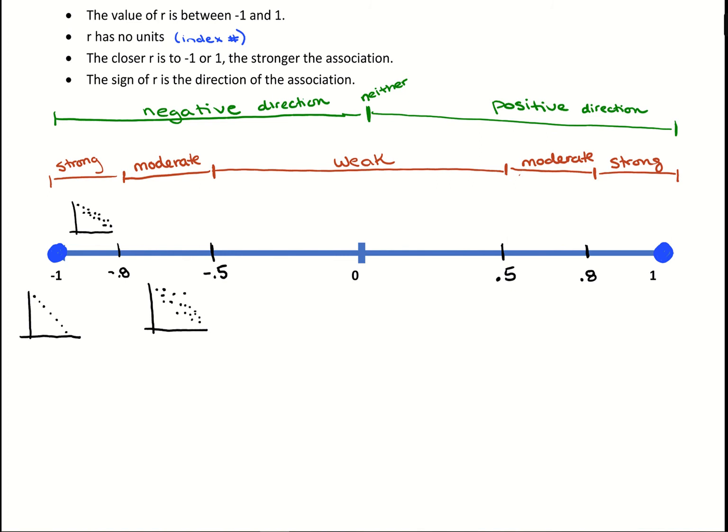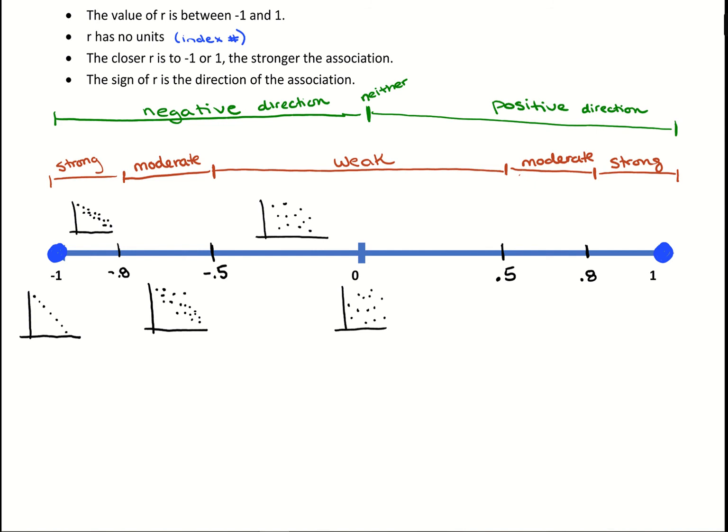And then when we get between negative 0.5 and 0, it'll be overall decreasing, but it'll have a lot of scatter to it. And then when we get to 0, that's where we have the blob of just dots kind of everywhere.